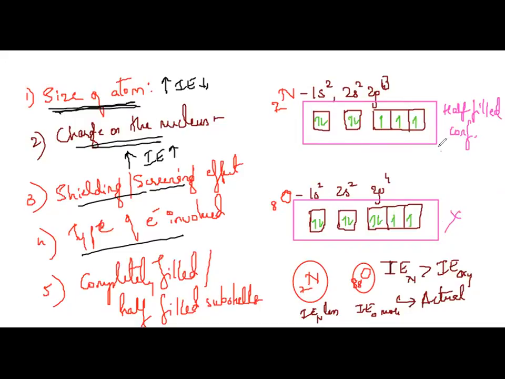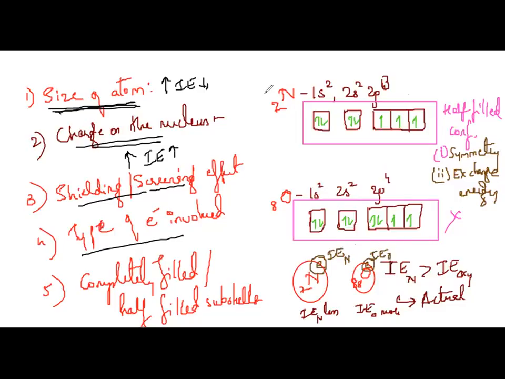We know that half-filled configuration is stable for two reasons: symmetry and exchange energy. Because of these two reasons, half-filled and completely filled configurations are more stable. Since nitrogen has a half-filled configuration, it is more stable. Therefore, to remove an electron from nitrogen, I have to put in more energy as compared to removing an electron from oxygen.